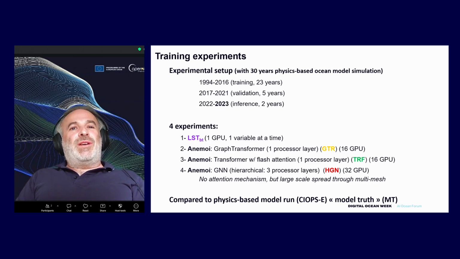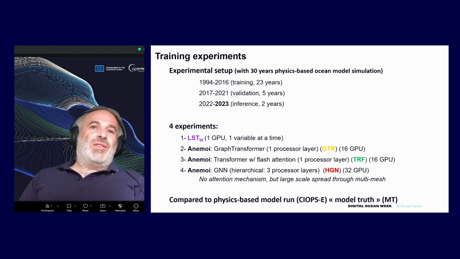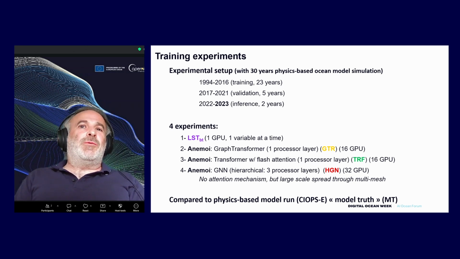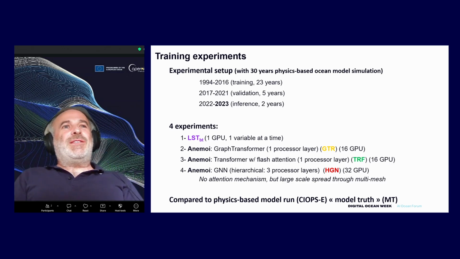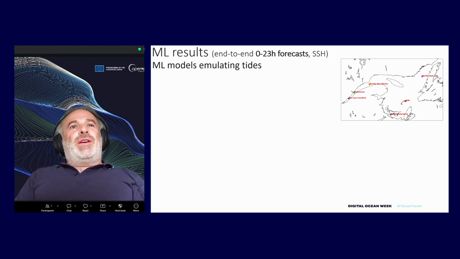Our model truth here is the CIOPS, the Canadian Ice Ocean Prediction System. It's our operational system at 1/36-degree resolution. That's the one we're using for training as well as for evaluation. Next, please. So this is just an example here.